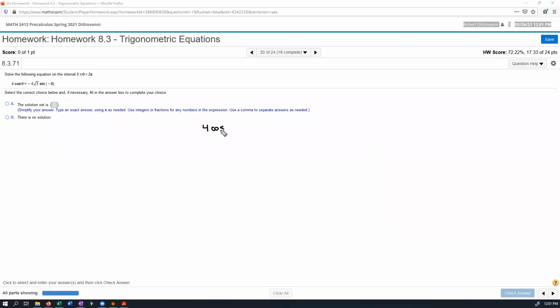4 cosine theta equals -4 square root of 3 sine of negative theta. All right, so there's a couple of ways to do this. First thing I'm going to do is use the fact that sine of negative theta is equal to negative sine of theta, and that's using the odd property of sine.